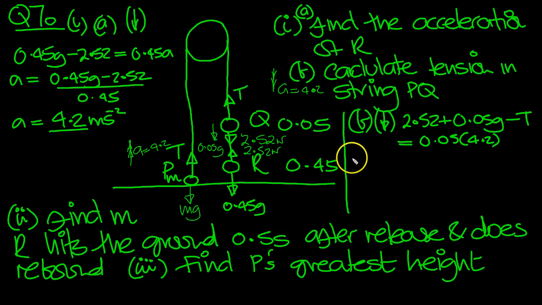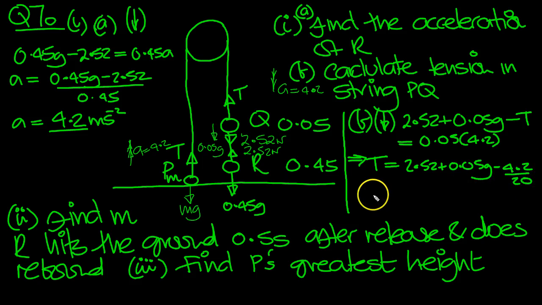So now we can work out the tension. The tension is equal to, move the tension through the equals here. So leave these two numbers as is, there's those two, and then move this one over the other side to be with them, minus 4.2 over 20, that is. I'll put it as a fraction to save space. So tension equals, let's tap it in the calculator.